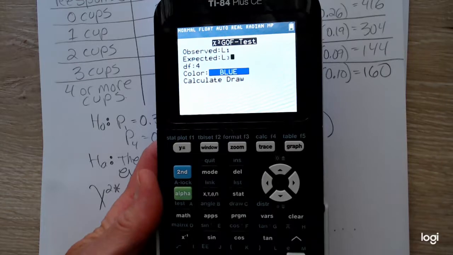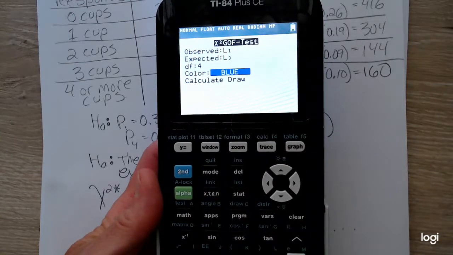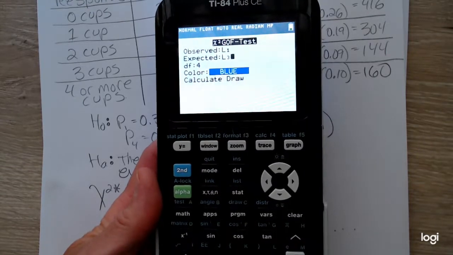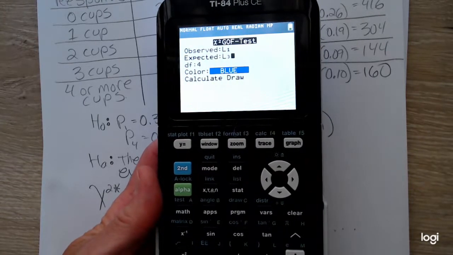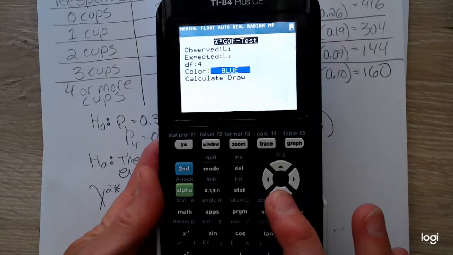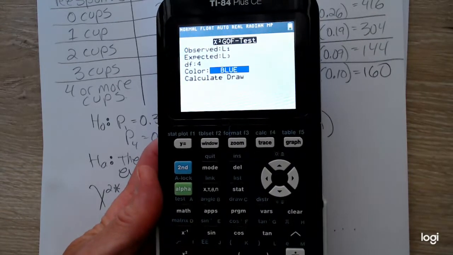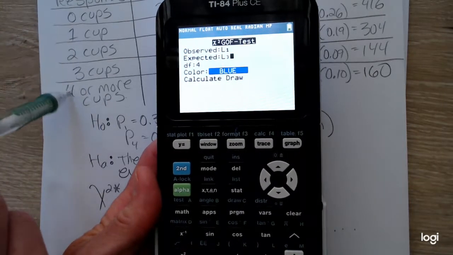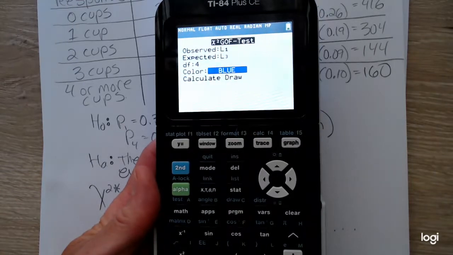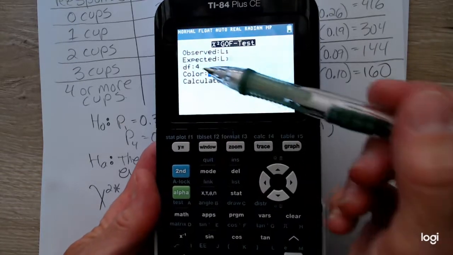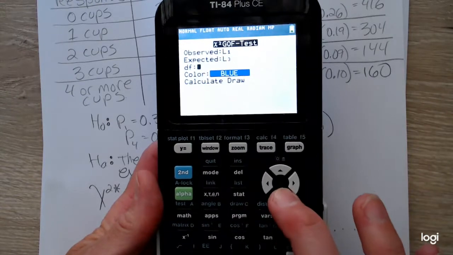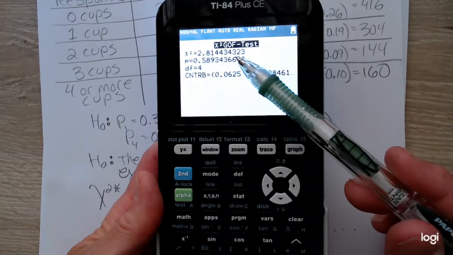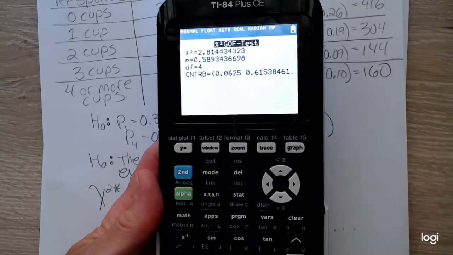Again, I'm not running this test using the proportions in decimal form. You'll get a crazy test statistic. The calculator needs everything in terms of counts. The degrees of freedom is the number of categories minus 1. I have 5 categories here, 0 cups through 4 or more cups. So the number of categories minus 1 would be 4. So you can change that if you need to. And then calculate. So the test statistic is 2.814.